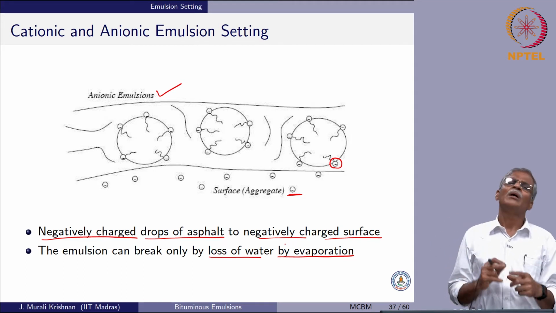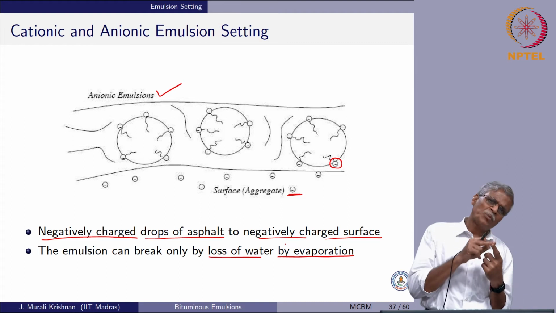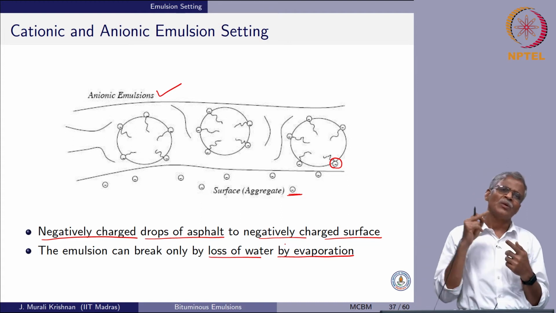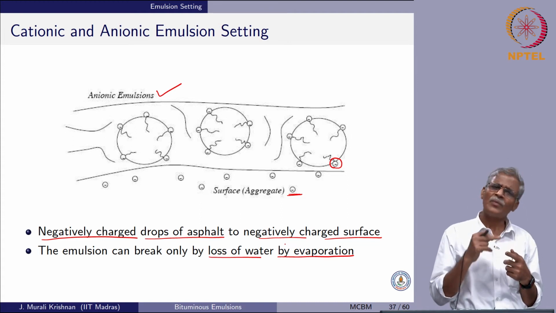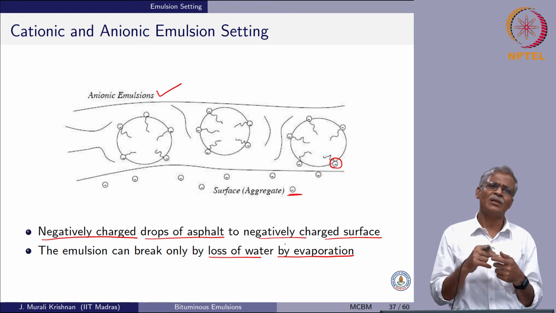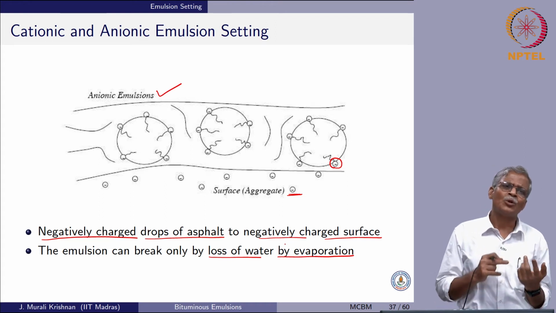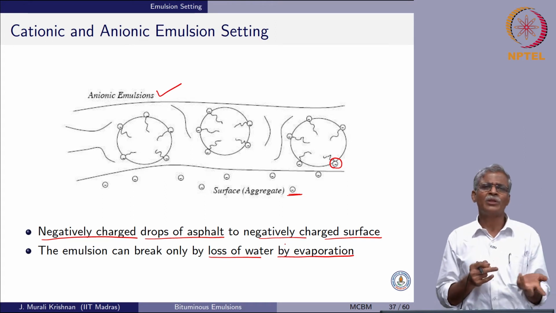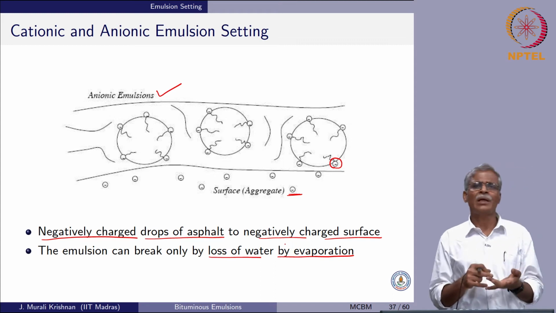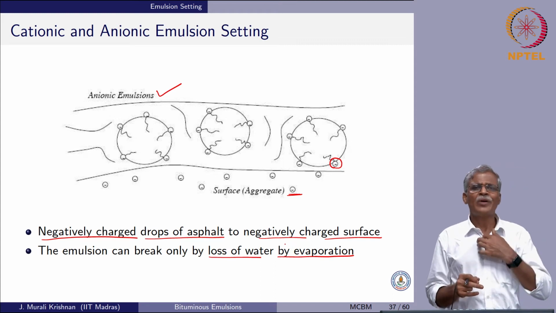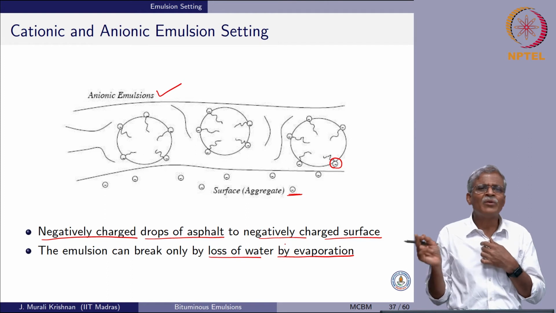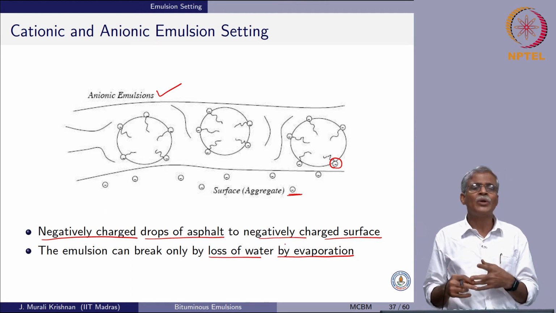That means you should have some idea about the type of aggregate that you use, what is the net charge of the aggregate, and depending on that you should pick your emulsion, whether you want a cationic emulsion or an anionic emulsion, and also factor in the environmental condition. And again, you can go to the opposite.